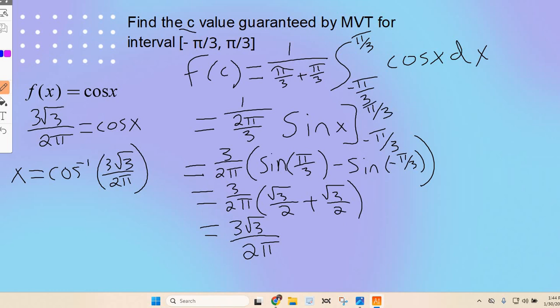And what do we get? Anyone type into a calculator? No? Okay. You get 0.597.